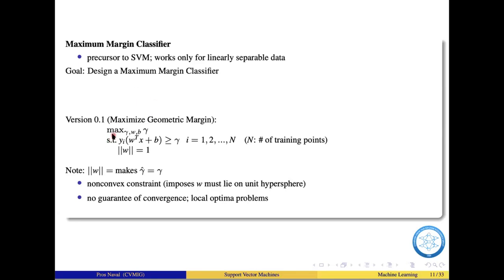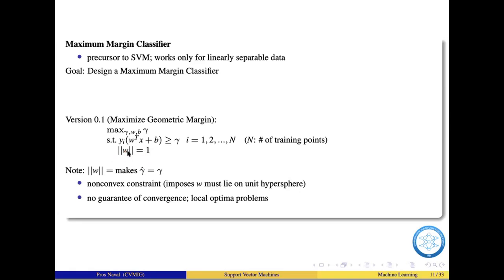In other words, we want to maximize gamma, and we would like to determine gamma as well as the W and b that will maximize gamma, subject to the condition that y_i times W transpose x plus b is greater than or equal to gamma, and also the condition that the norm of W is equal to 1.